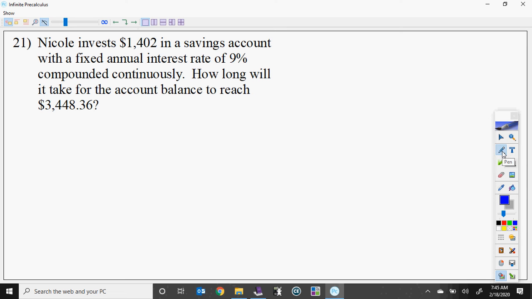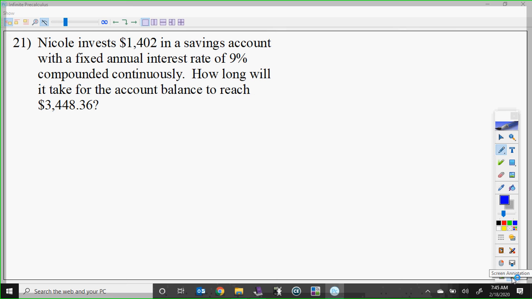Let me hit our button here. There we go. All right, so the person is investing this much money, so there's our P. I'm given an R, which is 0.09, high interest rate. How long will it take for the account balance to reach this amount?